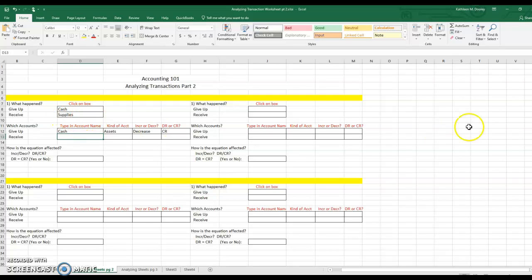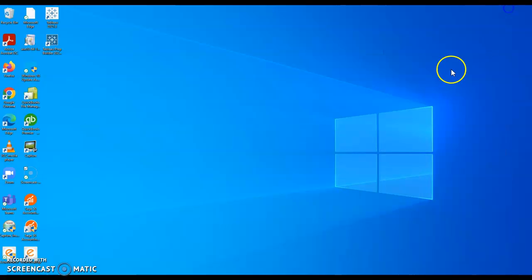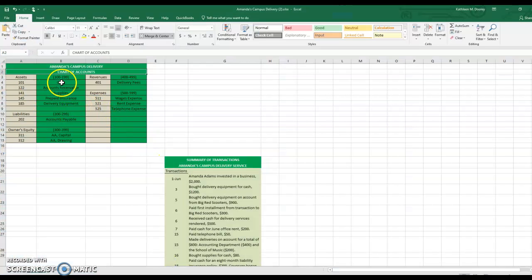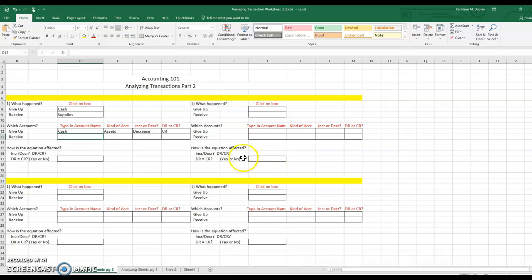And a decrease in an asset is a credit. Now, for the receive, we received supplies. So we're going to look in our chart of accounts. We know that supplies is an asset. We own the supplies. And so we do see an account called supplies, and that is an asset.